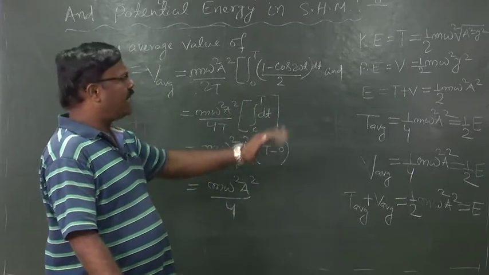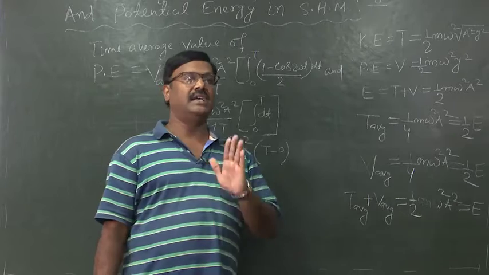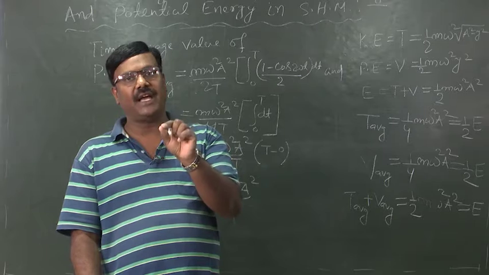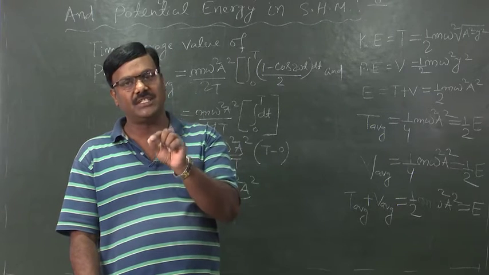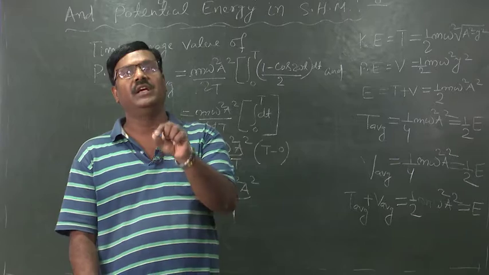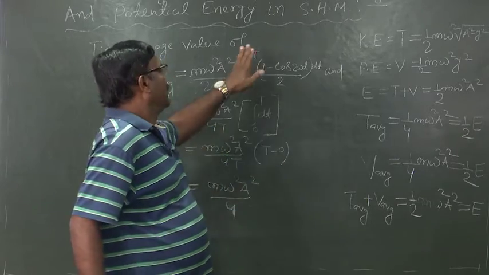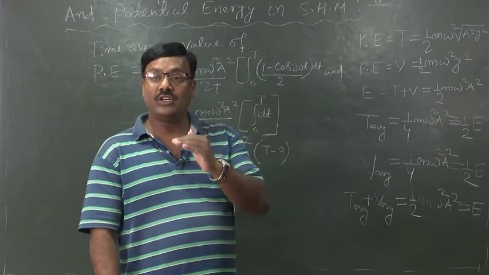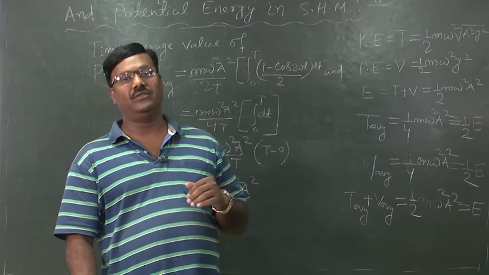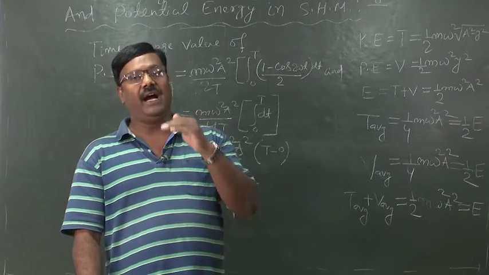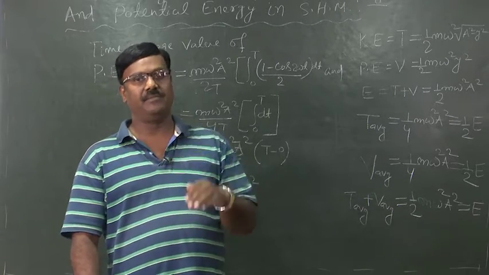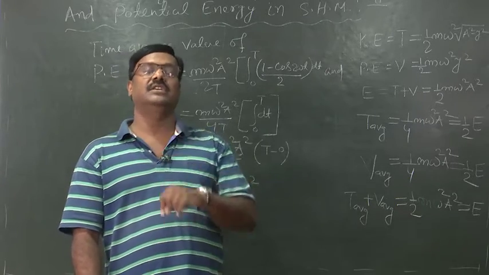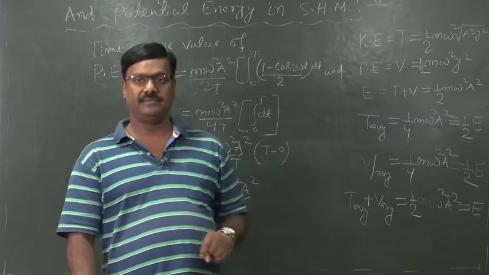Generally, this type of question is often asked: derive the expressions for the time average values of kinetic energy and potential energy of a body executing in SHM. Otherwise, these questions will be asked so that the time average values of kinetic energy and potential energy are the same and are equal to half of the total energy of the body in SHM.